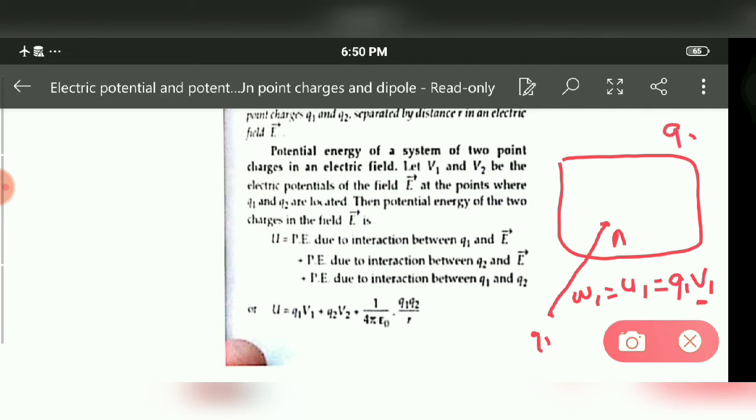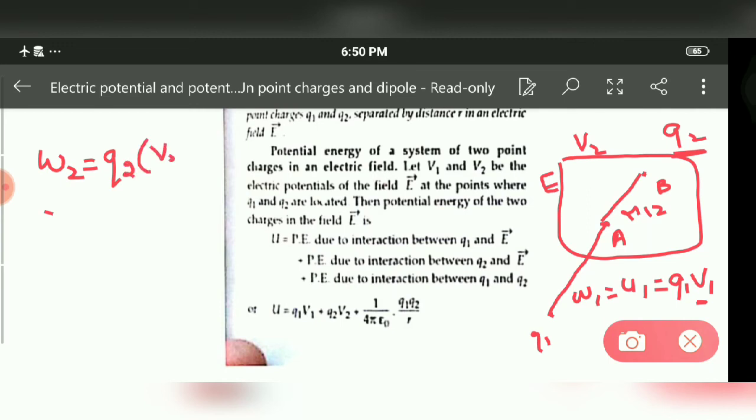Now charge Q2 we have to bring to point B, and the distance between A and B is say R12. Q1 now offers a potential to charge 2, but the electric field also offers a potential to charge 2, let that potential be V2. So W2 is equal to charge 2 into the total potential.